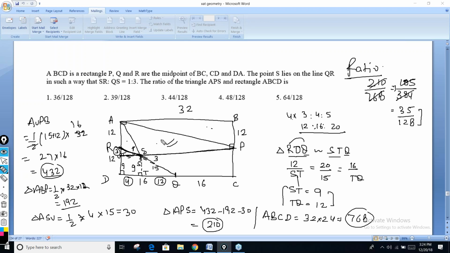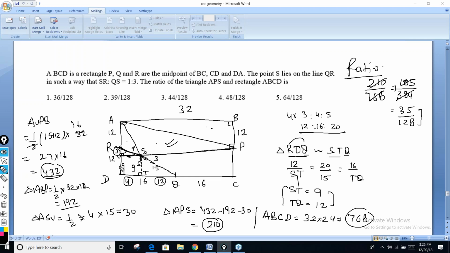Okay, might be I have missed something in this question. This is 3; till now it looks okay to me. I have taken this triangle as TQ. This was 90, so this was 9, and TQ was 12. So this is 12, so this comes out to be 4. This was 12, so this is 4.